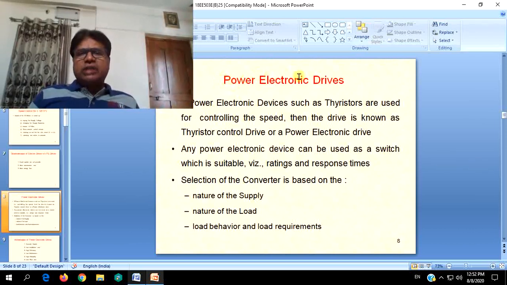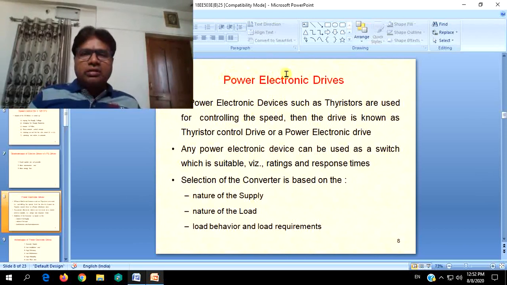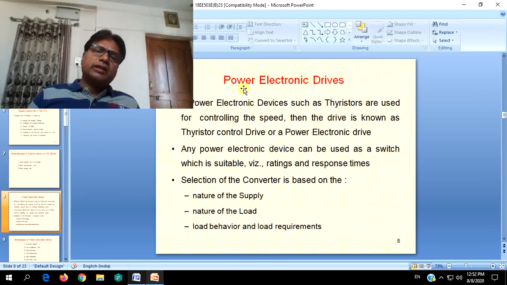Power electronic drives, as the name indicates, are the drives which employ power electronic devices. Where can you employ these power electronic devices? They can be employed only in electric drives.